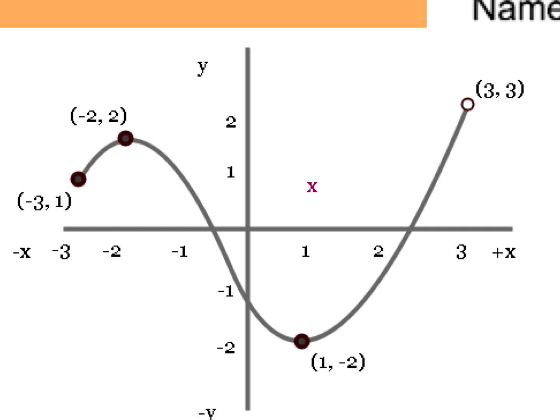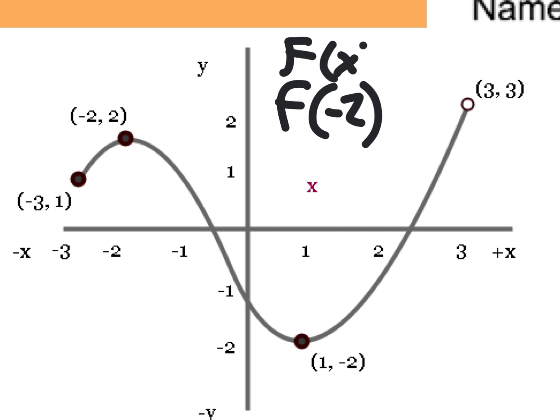If I said, what's f of negative 2, the first thing you have to ask yourself is, did I just tell you the x, or did I just tell you the y? And hint, this is called f of x for a reason, because the x is in that parentheses. So didn't I just tell you the x was negative 2? Yeah, I told you x was negative 2.